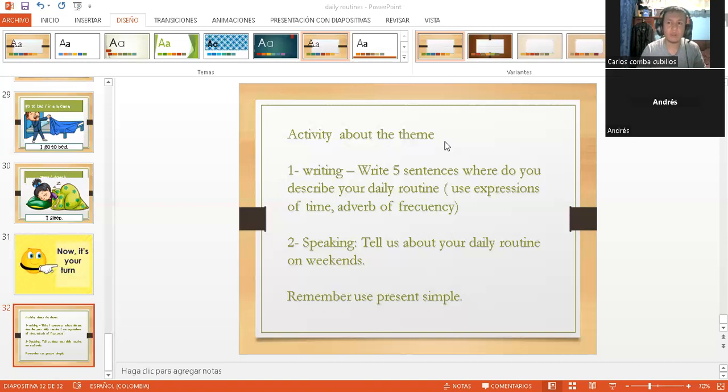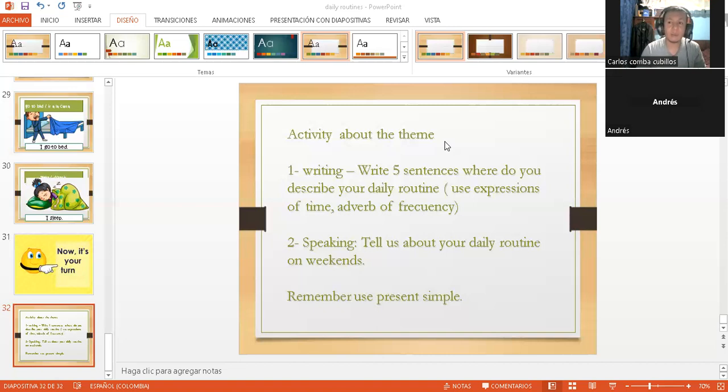It's so important to keep in mind, all the time, when we talk with other people, to explain with order what our daily routine is. It's so different every weekend. Yes.